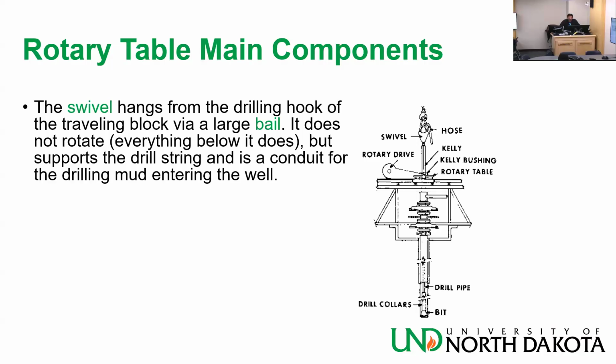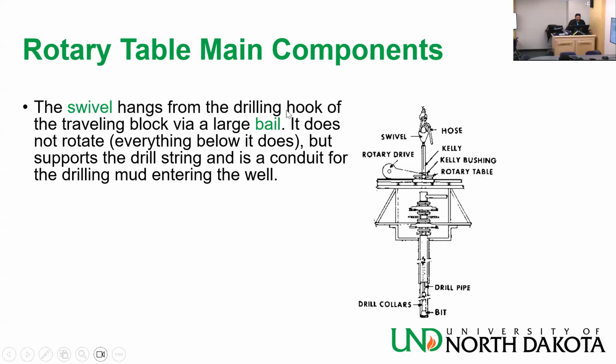It's called the Kelly. And the Kelly is either square or hexagonal. Okay? It's always either square or hexagonal, and it's basically shaped this way to allow rotation, because this is what you are actually rotating. And everything underneath it is pretty much cylindrical.